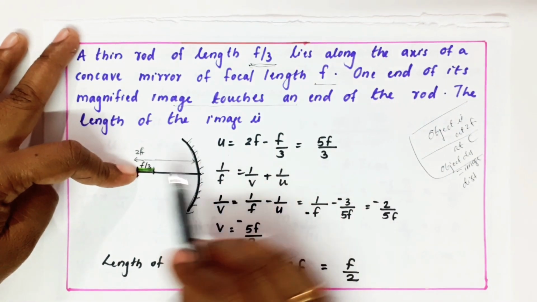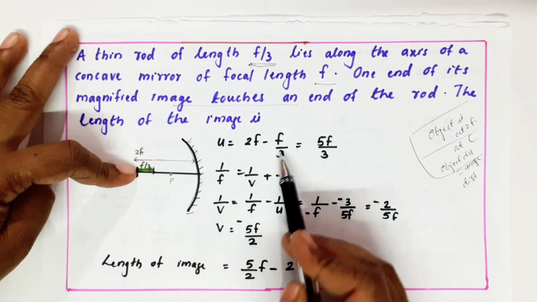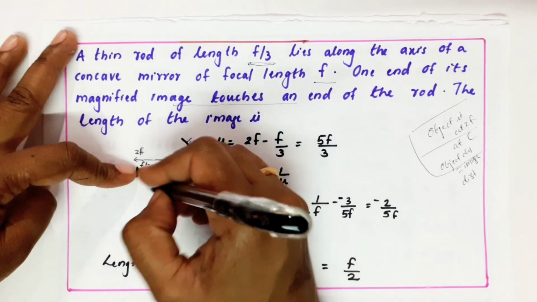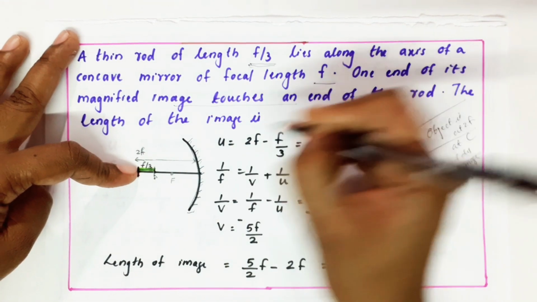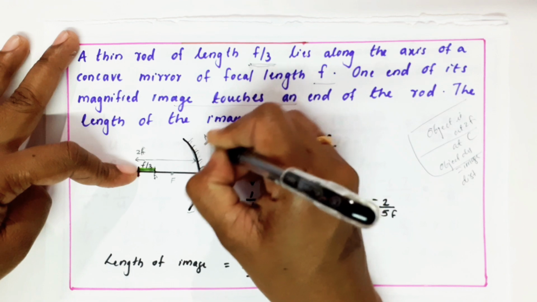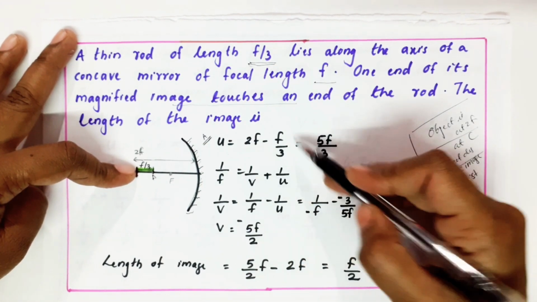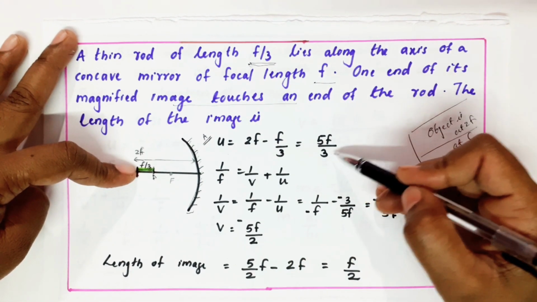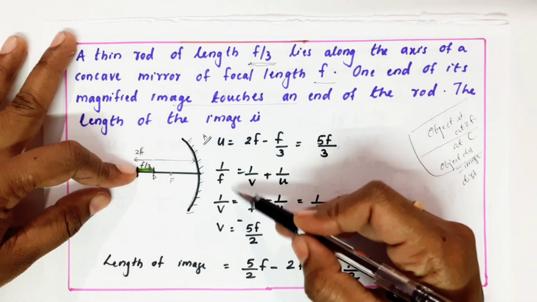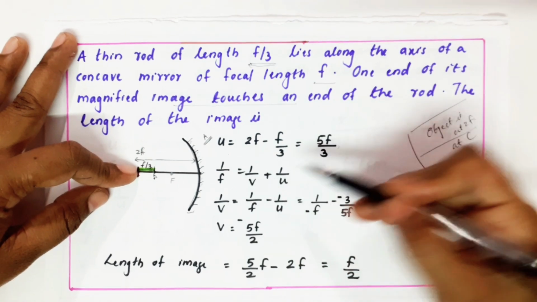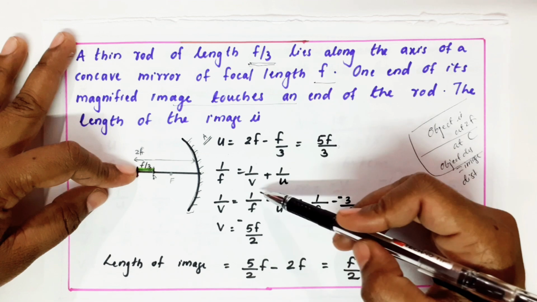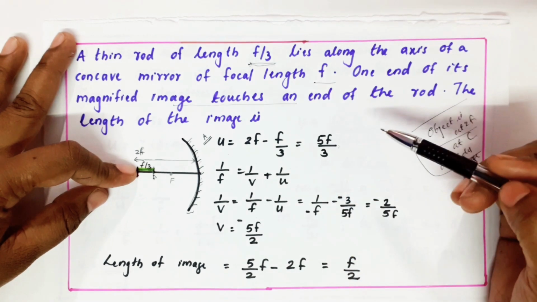For that I take 2f minus f by 3 as the initial point. Say, for example, this is A. I need to take u at A. So 2f minus f by 3, that is 5f by 3. So 1 by f is 1 by v plus 1 by u, that is 1 by v is 1 by f minus 1 by u.